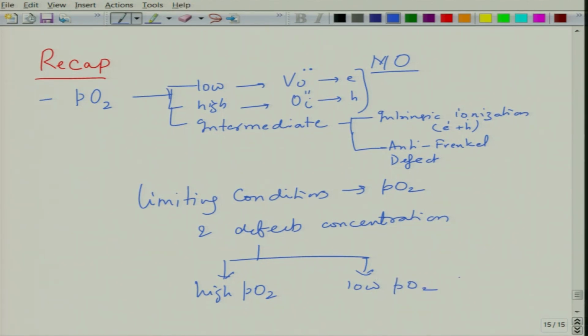We saw that under low PO2 condition the partial pressure of oxygen should be smaller than Kr square divided by 16 Kf cube, and in the high PO2 condition we determined PO2 should be higher than 16 Kf cube divided by Ko square. You can see that it is just inverted and that makes sense.